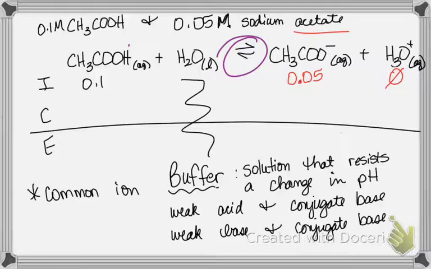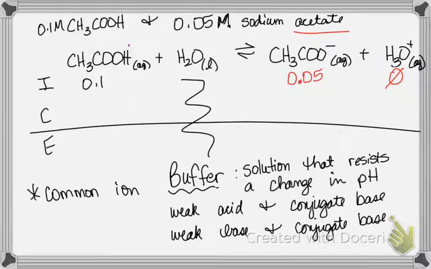So if we were just looking at this in terms of Le Chatelier, do you see that if you added acid to the system, so you're overloading the product side, this system is going to respond by shifting to the left, or we would say to the reactant side. The reason a buffer system can do that is because you have some acetate there that can neutralize some of that acid that you might have added.